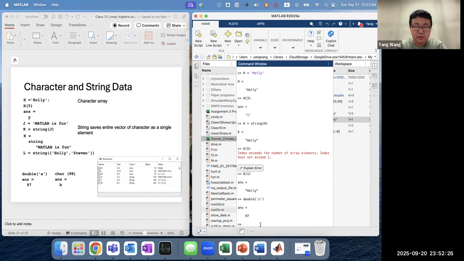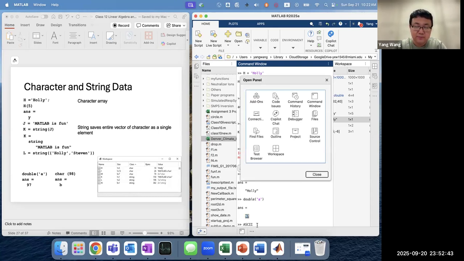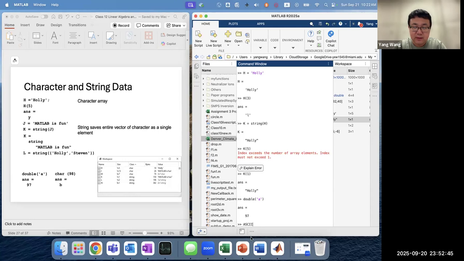This is what people call the ASCII type of conversion of characters into numbers. This is how computers recognize different letters, right? So eventually it's just numbers and then eventually converted to binary. So you can also convert numbers to letters, right? You can just use the character function and convert, let's say, 98, because 97 is A, 98 is going to be B.